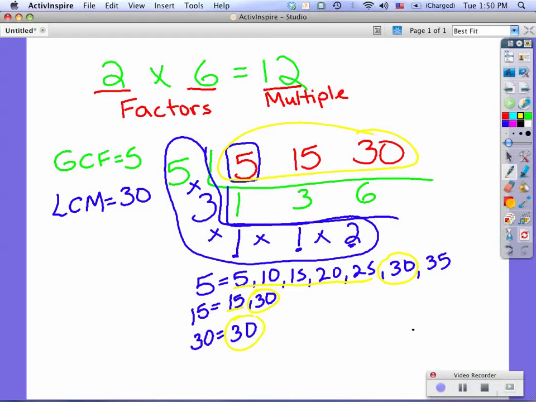Okay, we'll try one more. I have the numbers 9, 21, and 42.